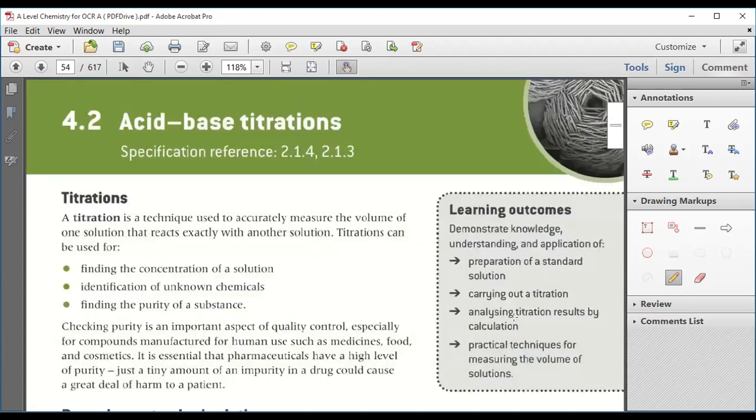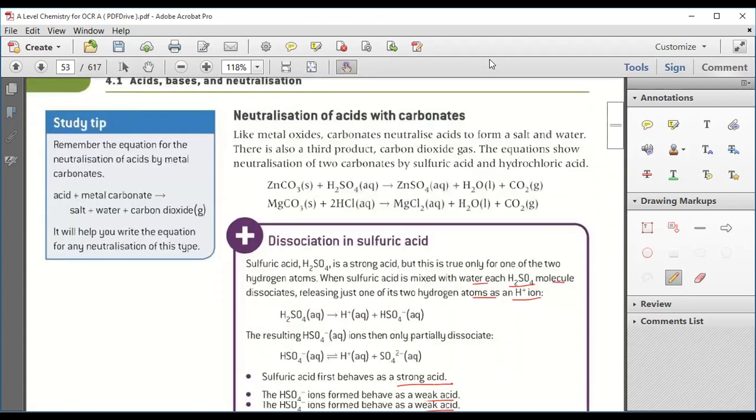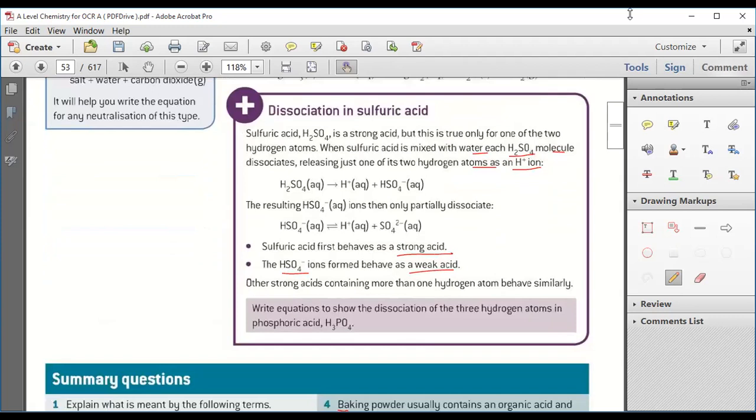Now see what happened. NaHCO3 is sodium bicarbonate.